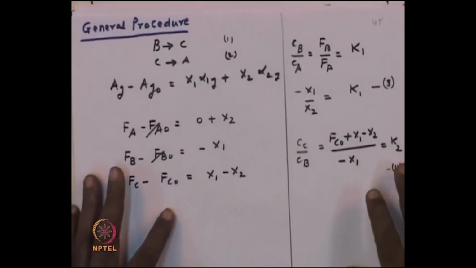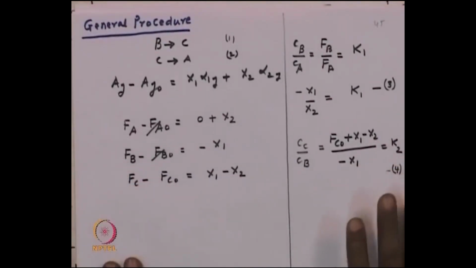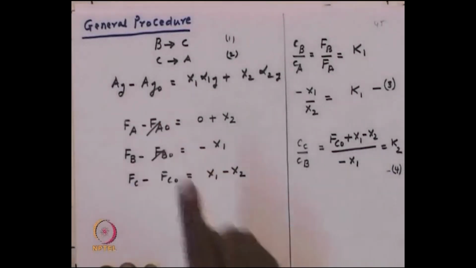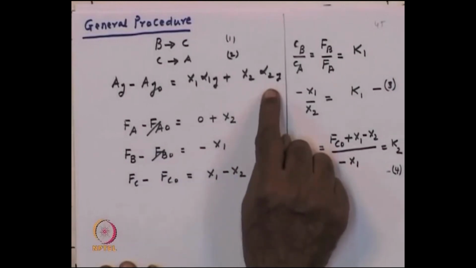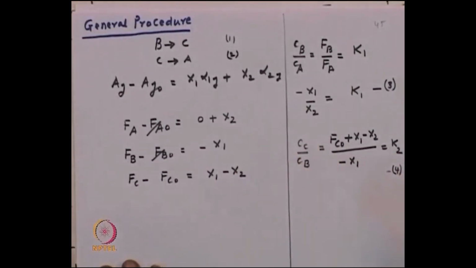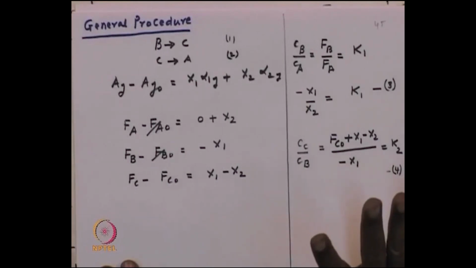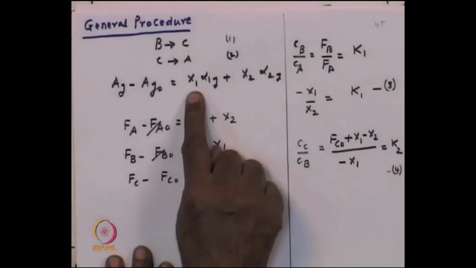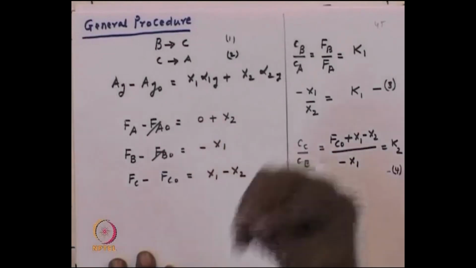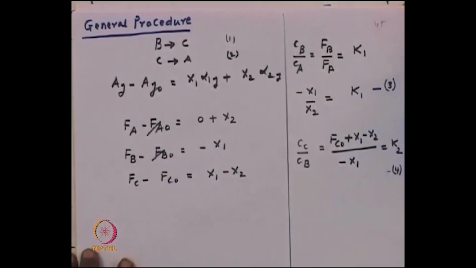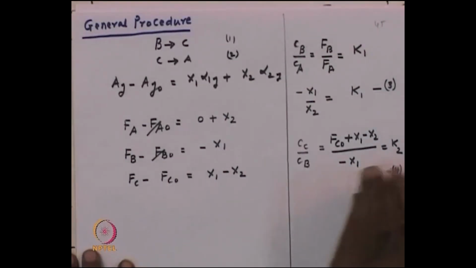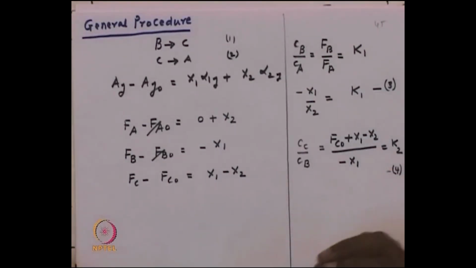What we said was that if there are a large number of reactions occurring, A_j minus A_j0 is x1 alpha_1j plus x2 alpha_2j up to x_r alpha_rj, where r is the number of independent reactions. So, x1 is the extent of reaction in the first independent reaction, x2 in the second independent reaction. For this network A going to B going to C, let us for the moment choose two reactions.